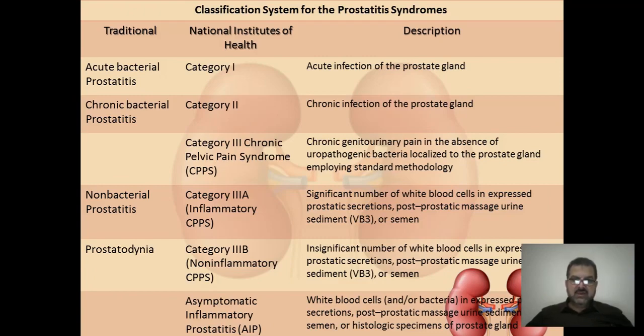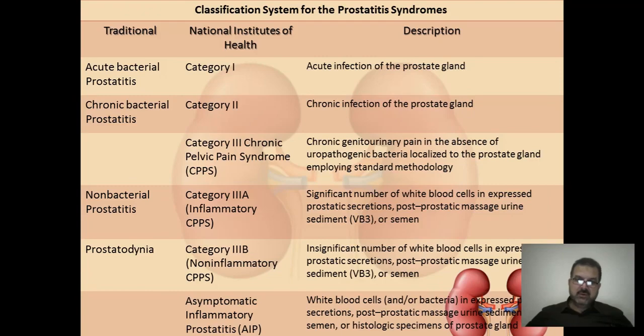We also have chronic abacterial prostatitis, or chronic pelvic pain syndrome. In this kind you will not find bacteria in the prostatic gland.